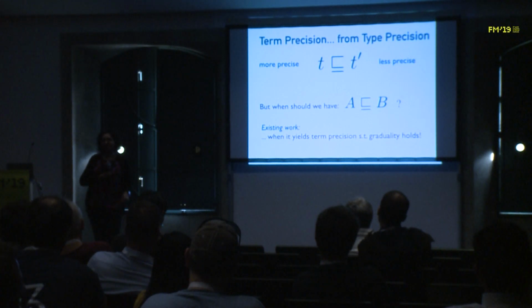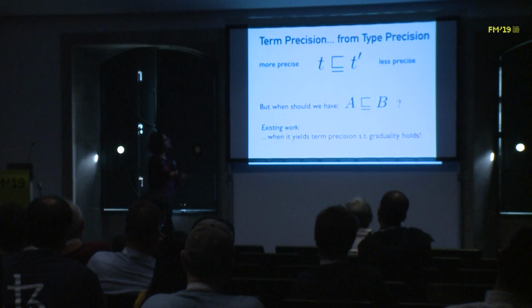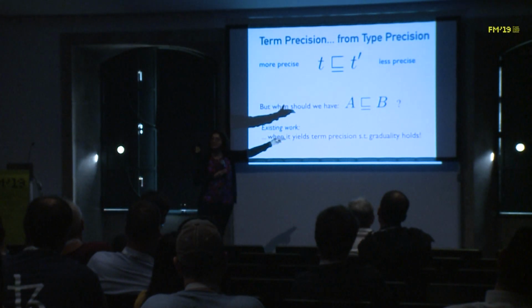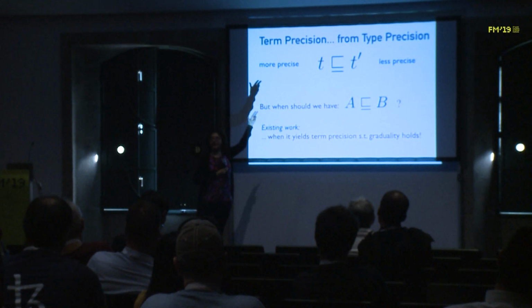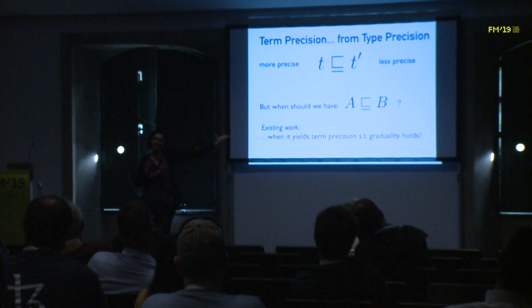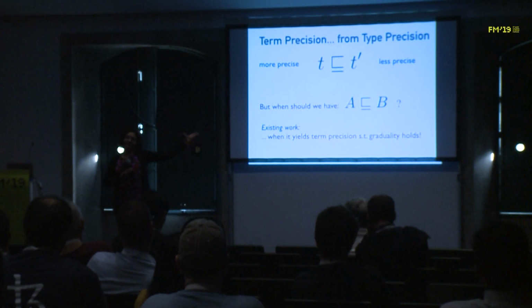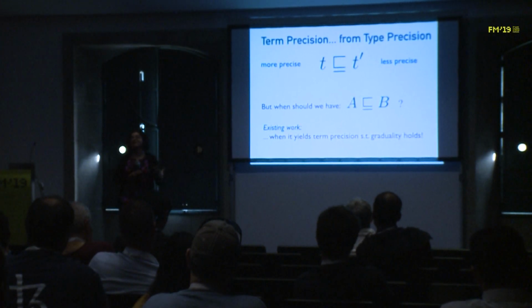So it's kind of circular, right? There's no independent semantic way of figuring out what type precision should be so that it gives us the right term precision which satisfies the gradual guarantee or the graduality property. There just isn't. So we fall back again on syntactic rules and kind of trial and error.